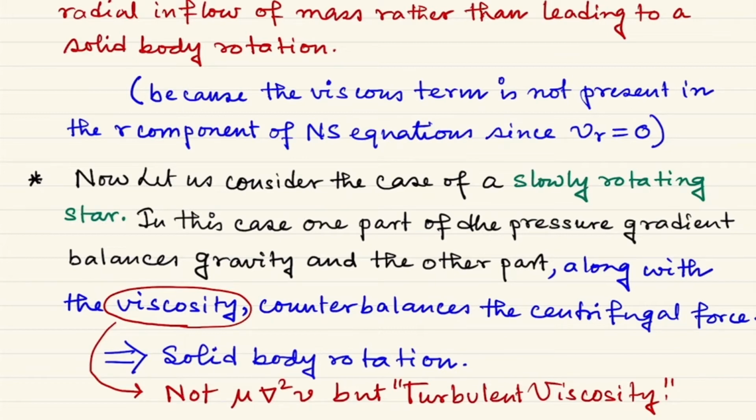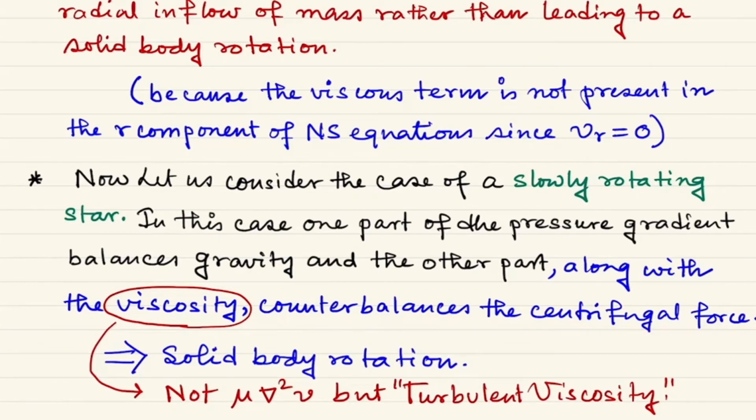Here, one part of the pressure gradient balances gravity. The pressure gradient is no longer negligible at all, actually it is the most dominant part, so one part of this balances gravity, and the other part, along with the viscosity, counterbalances the centrifugal force.